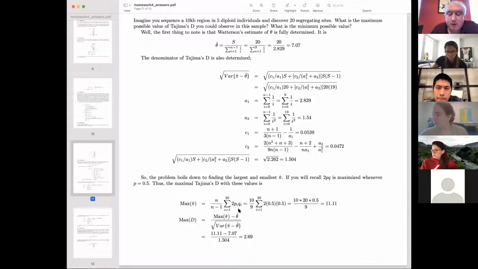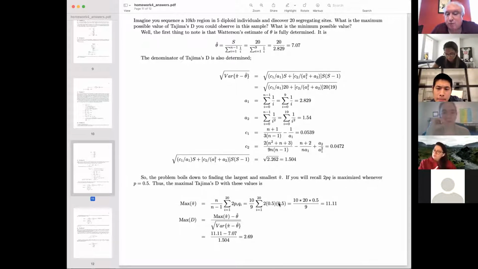And you all will remember from like week 1 or 2, the value of P that maximizes heterozygosity is 1/2. So if I'm trying to maximize heterozygosity, I'm going to assume all 20 of these sites have frequency 1/2. So 2PQ is 2 times 1/2 times 1/2, it's 1/2 over all of these sites.